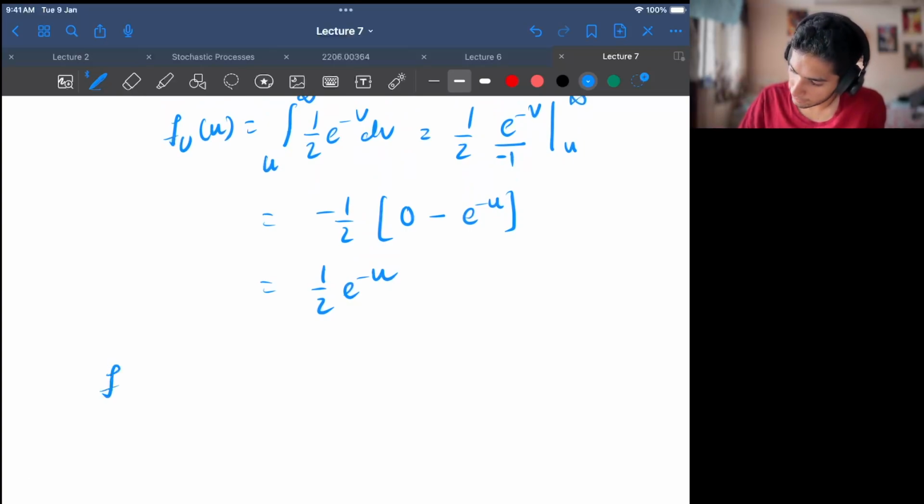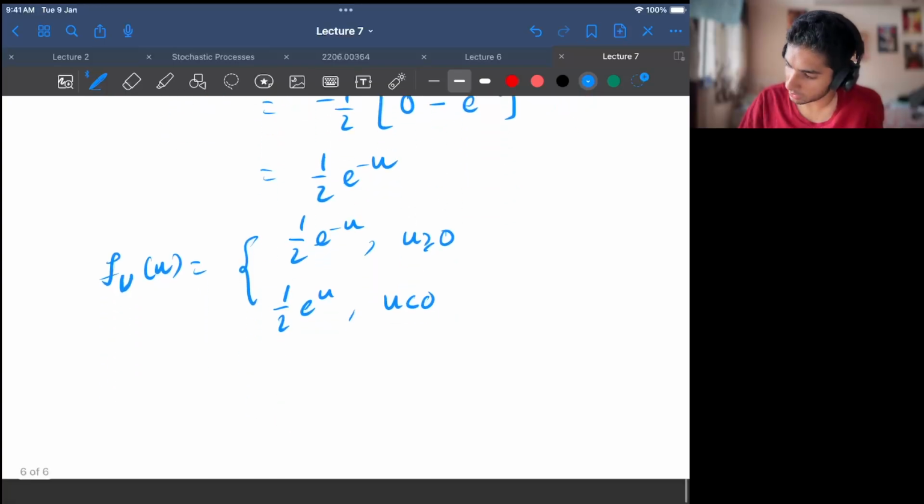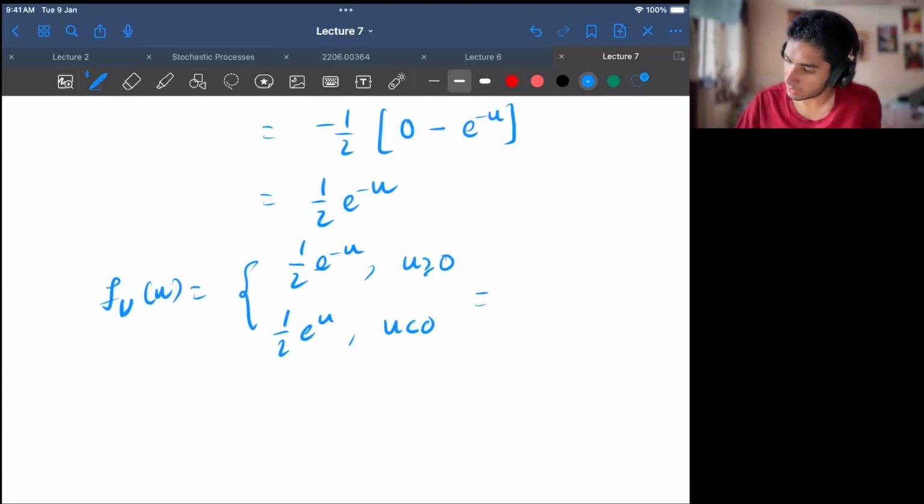So f_U(u) is equal to what? It is half e raised to minus u for u greater than or equal to 0, and it's half e raised to u for u less than 0. Or you can combine this and just say that it's half e raised to minus mod u. This is what it is.